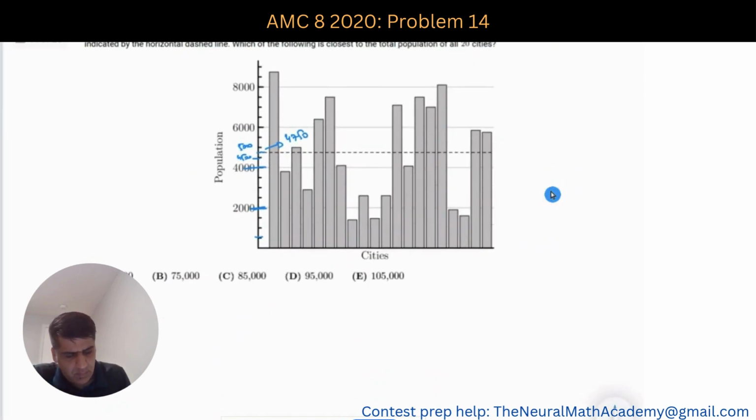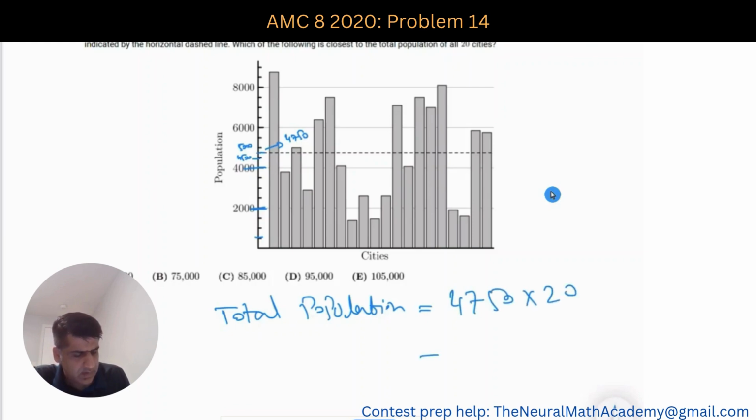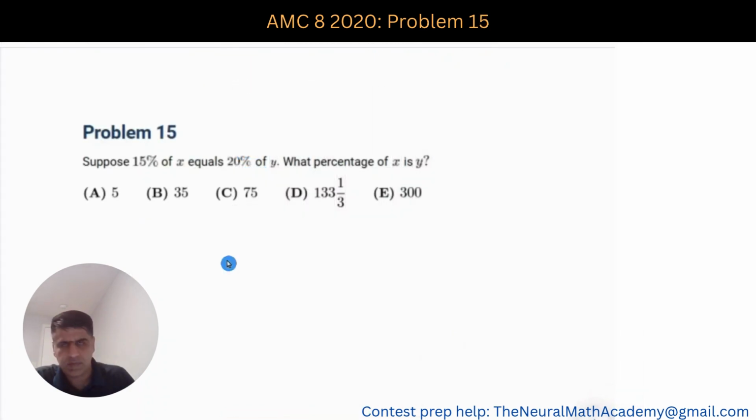So to estimate the total population, I can multiply 4750 with 20. And if I multiply, I get 94 and then 95. So it should be then 95,000. So the answer is then D for this problem.